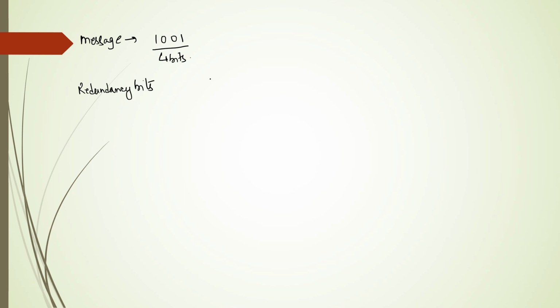Now how do we add this? Let us understand. The number of redundancy bits will be in the form of 2 to the power n, where n belongs to 0, 1, 2, 3 and so on. If we calculate 2 to the power 0, it will be 1. 2 to the power 1 will be 2. 2 to the power 2 will be 4.